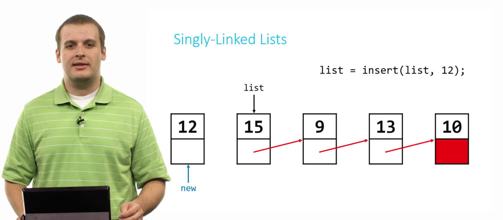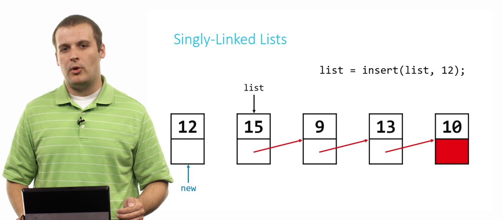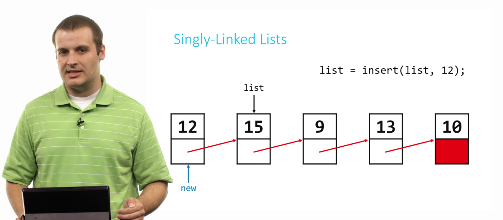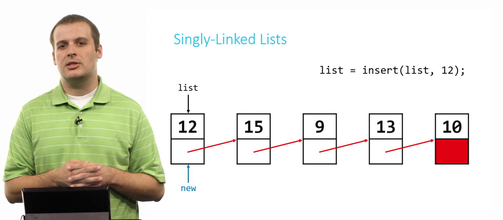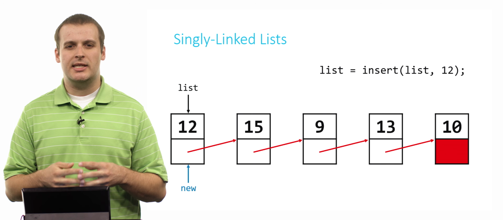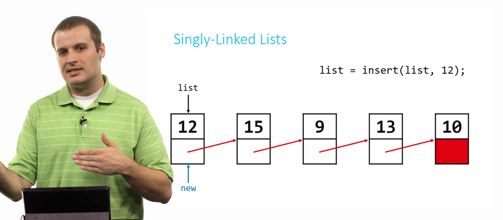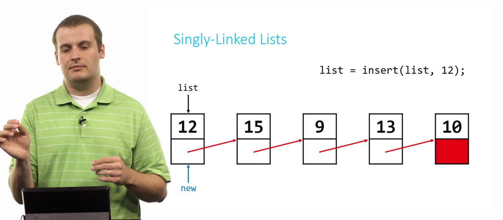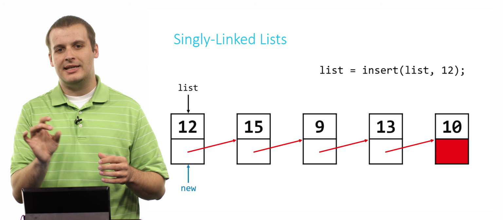So let's go back and try this again. Maybe the right thing to do is to set 12's next pointer to the old head of the list first. Then we can move the list over. And in fact, that is the correct order that we need to follow when we're working with singly linked lists. We always want to connect the new element into the list before we take that important step of changing where the head of the linked list is.